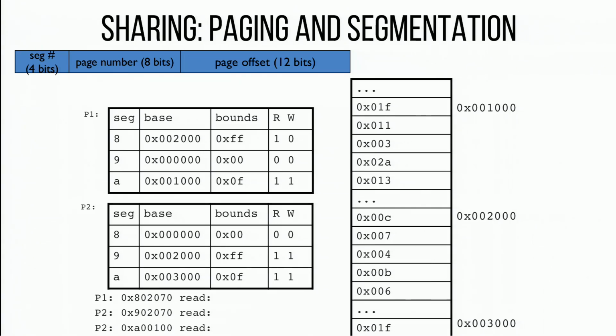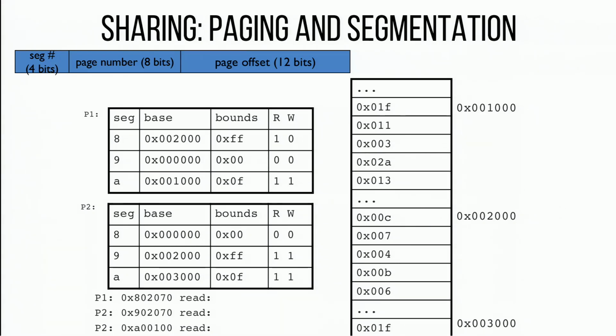That's telling us this is segment 8. And you'll notice that segment 8 for process 1, its page table starts at physical address 2. Whereas in 9, I've made that shared memory segment be mapped to segment 9 for it. And it's also pointing to the same base for that page table.